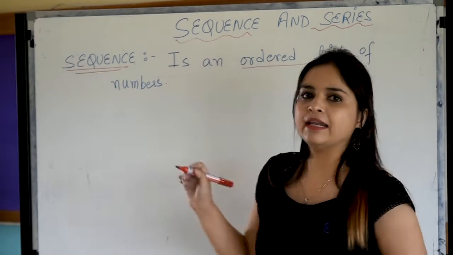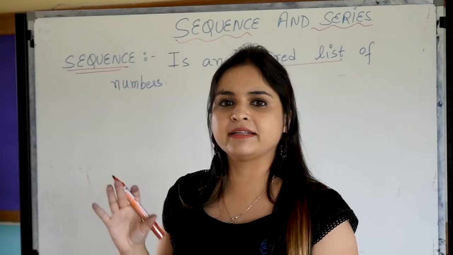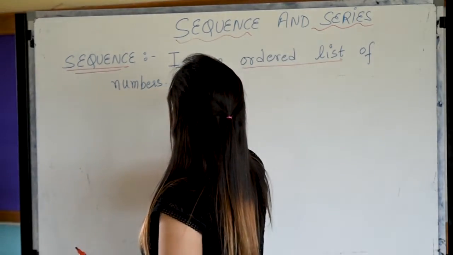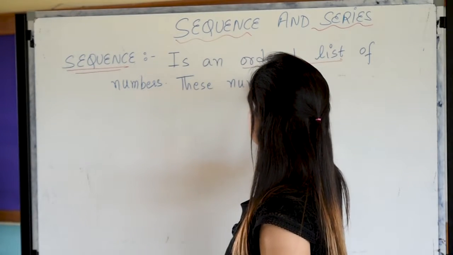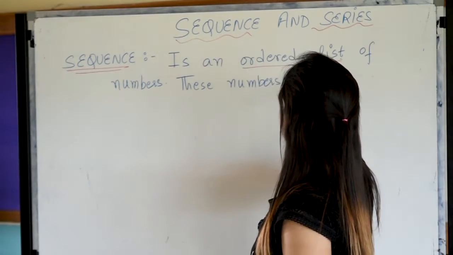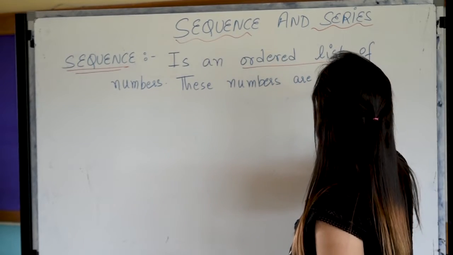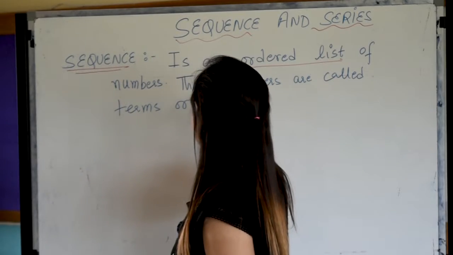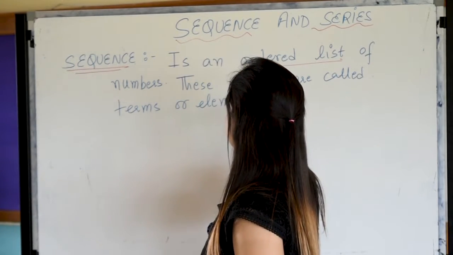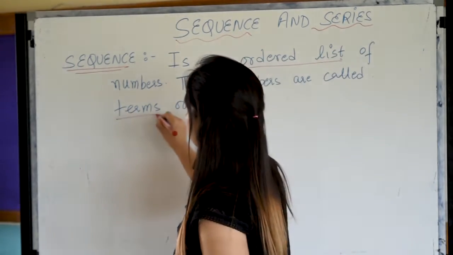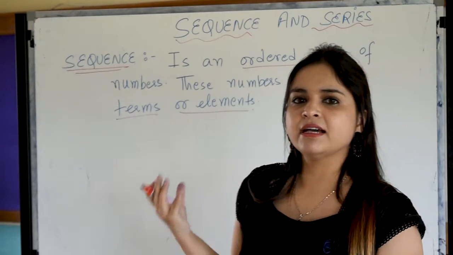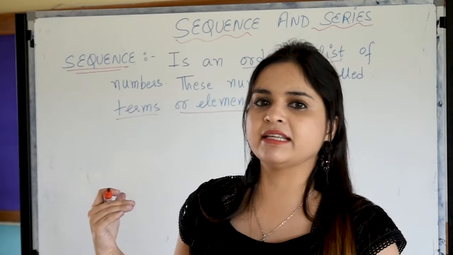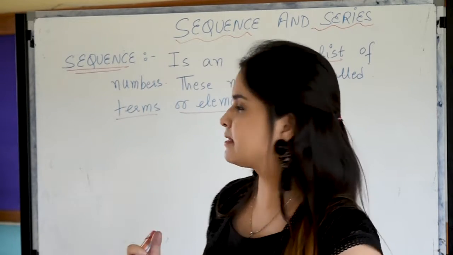Now these numbers are called terms or elements. Okay. So what is a sequence? A sequence is an ordered list of numbers. Now these numbers, they are called terms or elements.